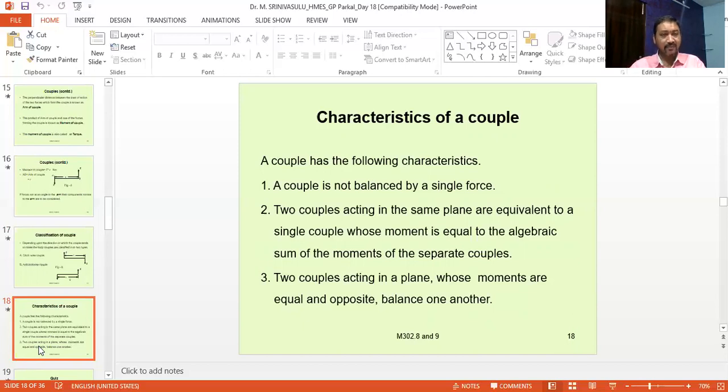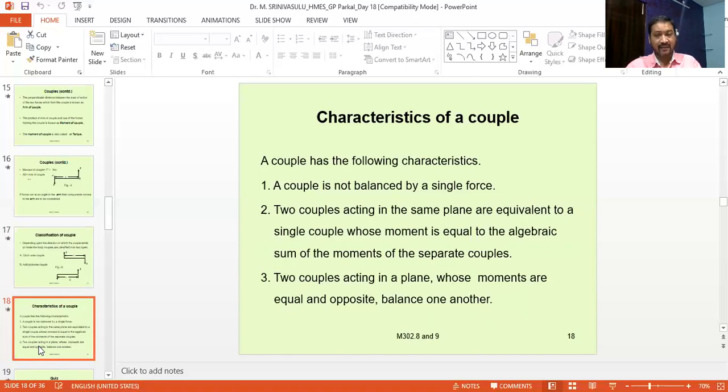For example, if the forces acting on a body are producing a clockwise couple, then we have to apply two forces to produce a couple in the anti-clockwise direction.